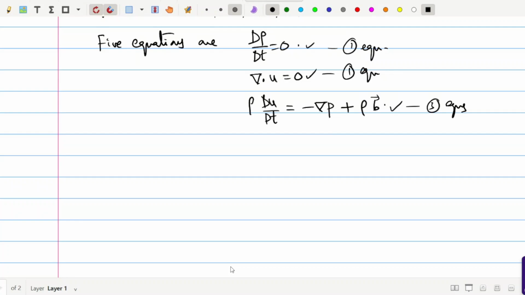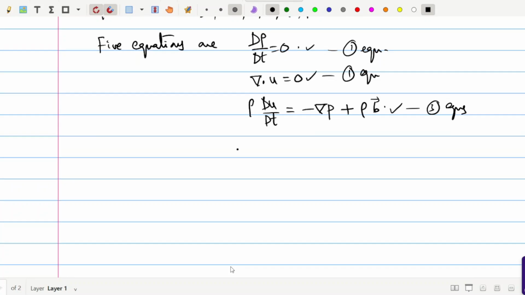So this is how you solve these equations. We have to show that for incompressible fluids, the conservation of energy can be derived, assuming that kinetic energy is the only source of energy.